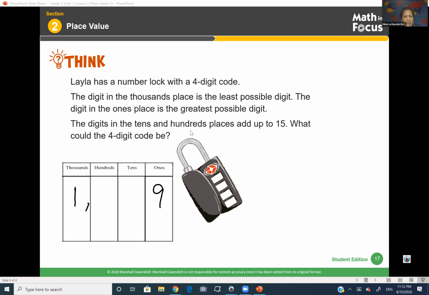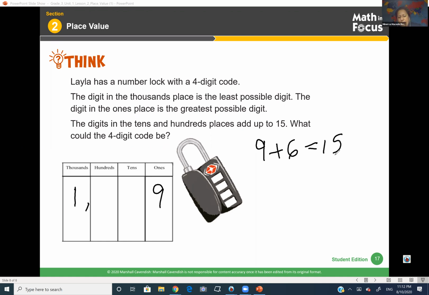And then we said that the digits in the tens and hundreds place add to 15. So now we have to find two numbers that added together give me 15. So the first number I'm thinking is 10. I mean, it cannot be 10 because 10 is 2 digits. So 9 plus 6 makes 15.